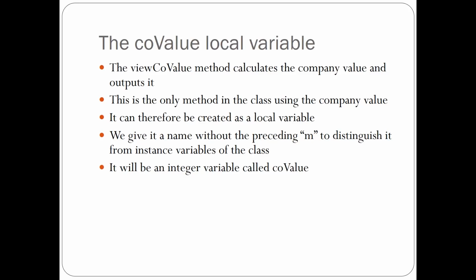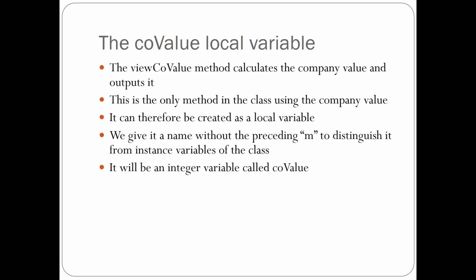So we're going to put a local variable in there called coValue, and that's going to be used to temporarily store the value of the company and output the value in our user message class. We can give it a name without the preceding m, so we don't get it confused with a variable that's declared at the top of the class.